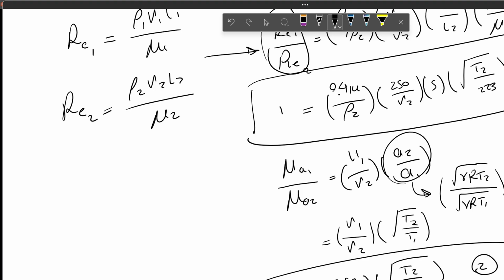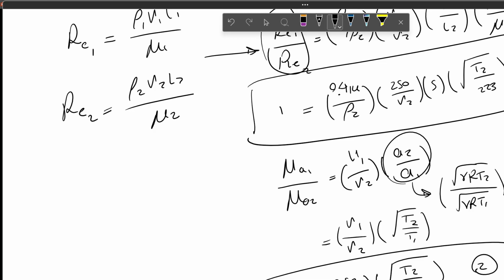Two equations and three unknowns, so we can't find them. What is the other equation we can include here? Pressure equals rho R T, the ideal gas law. So we can use the ideal gas law to find the third equation.